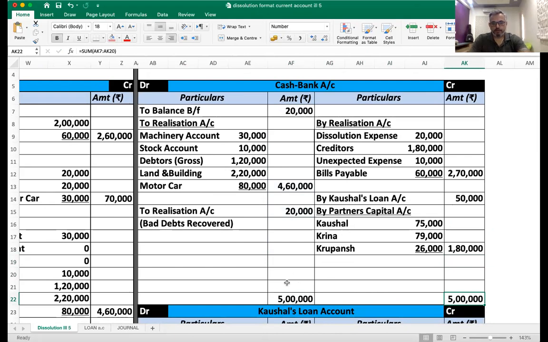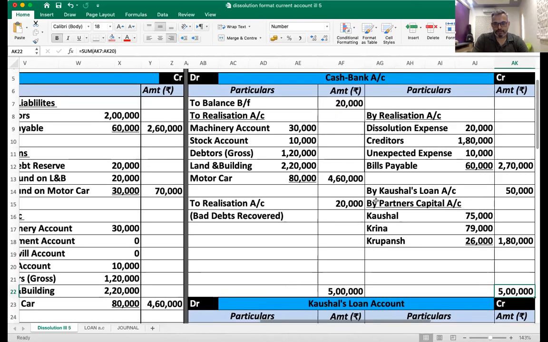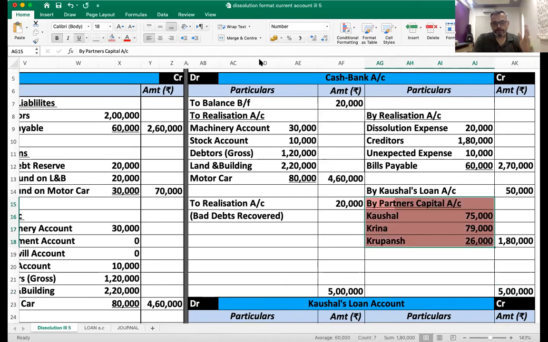So cash account is also closed. So what we can see is everything is closed. All the assets are sold, liabilities are paid off, reserves are transferred to partners' capital account, provisions accounts are closed, and whatever amount is left after that is paid to the partners.